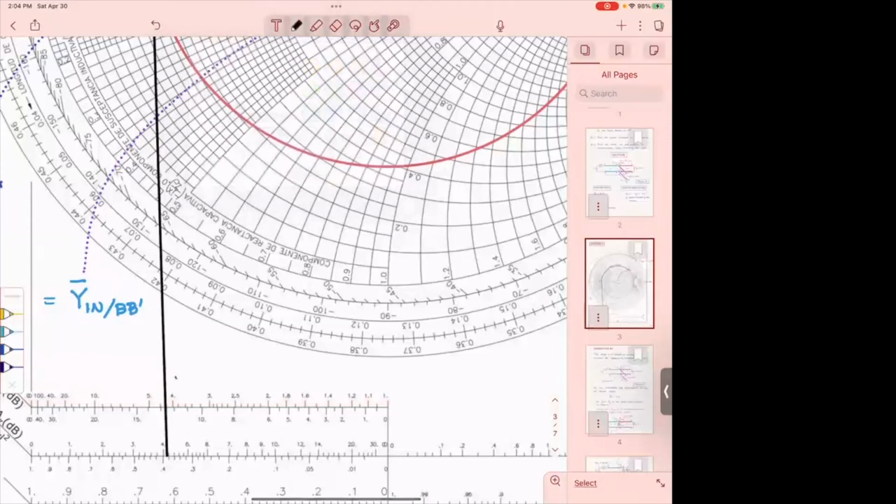So that is going to be 4.4, and that's the VSWR on the line that goes from EE prime to FF prime. Okay, that is the first VSWR.